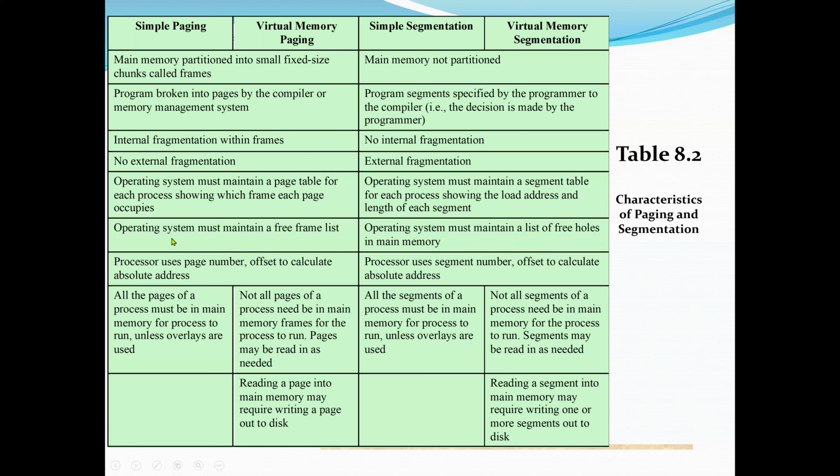But with paging, the operating system must maintain a free frame list. Also, the processor uses the page number and offset to calculate the absolute address in terms of paging. Now, in terms of segmentation, the processor uses the segment number, then offset to calculate the absolute address.